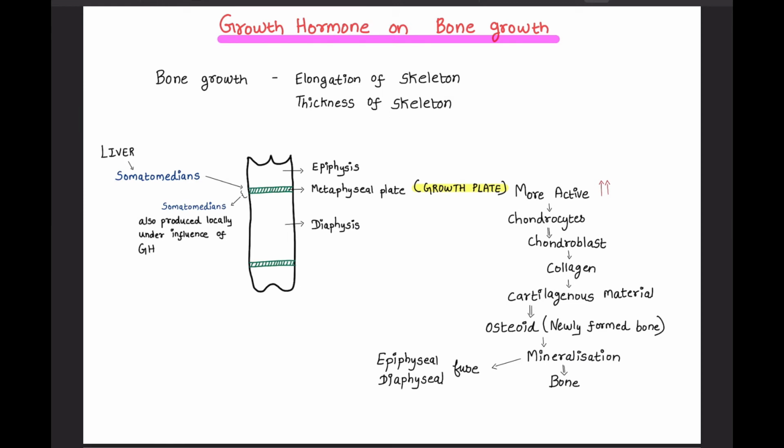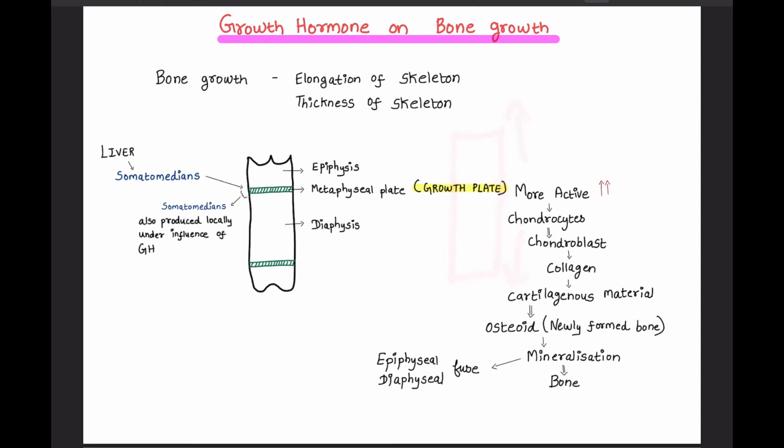Between the epiphysis and diaphysis you have a growth plate, and this growth plate can increase in length. This bone can increase in length until the epiphysis and diaphysis close together, or we can say fuse together. So if the epiphysis and diaphysis are separate, or not fused, there will be elongation of the bone.